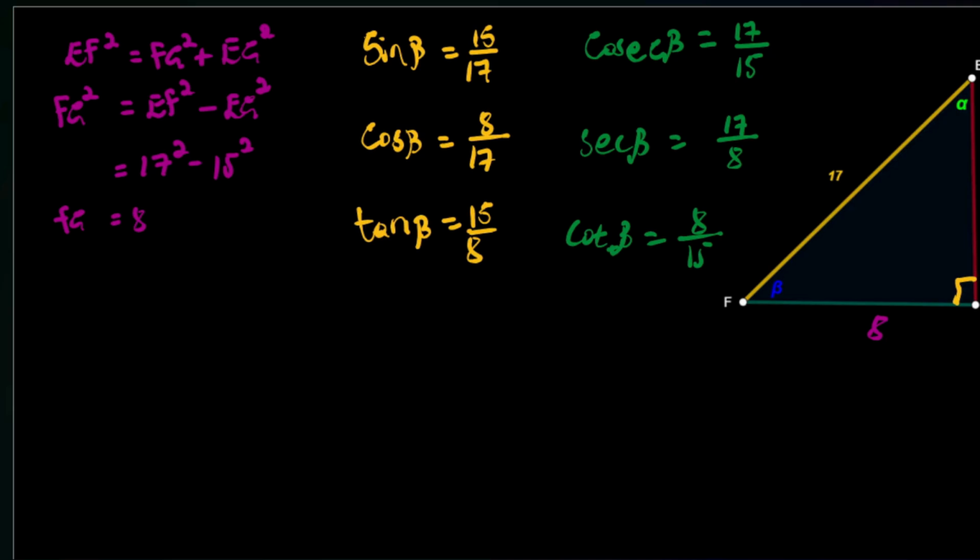Now, we are going to go on and use our other angle, that is going to be angle alpha. So we're going to start with sine of theta, alpha, sorry. I'm so used to this theta. Sine of alpha, cos of alpha.